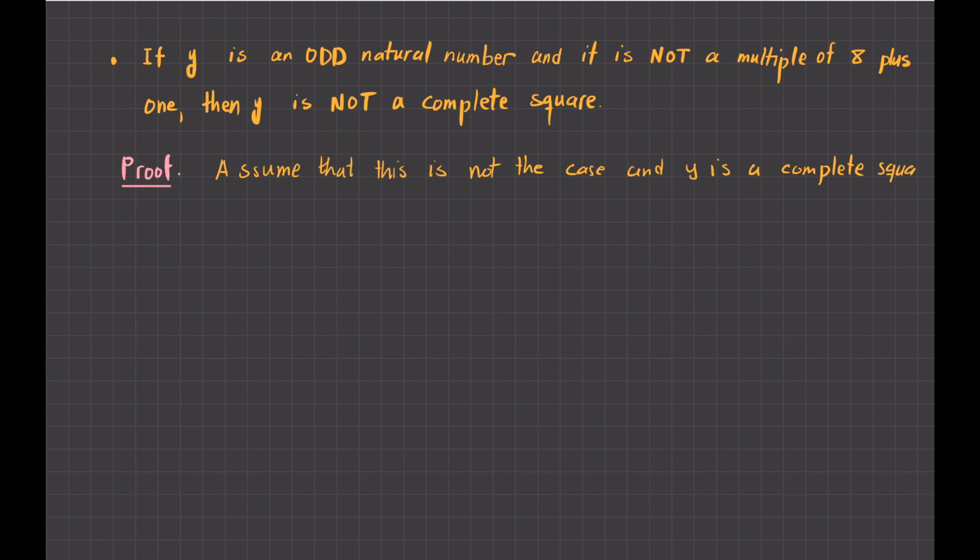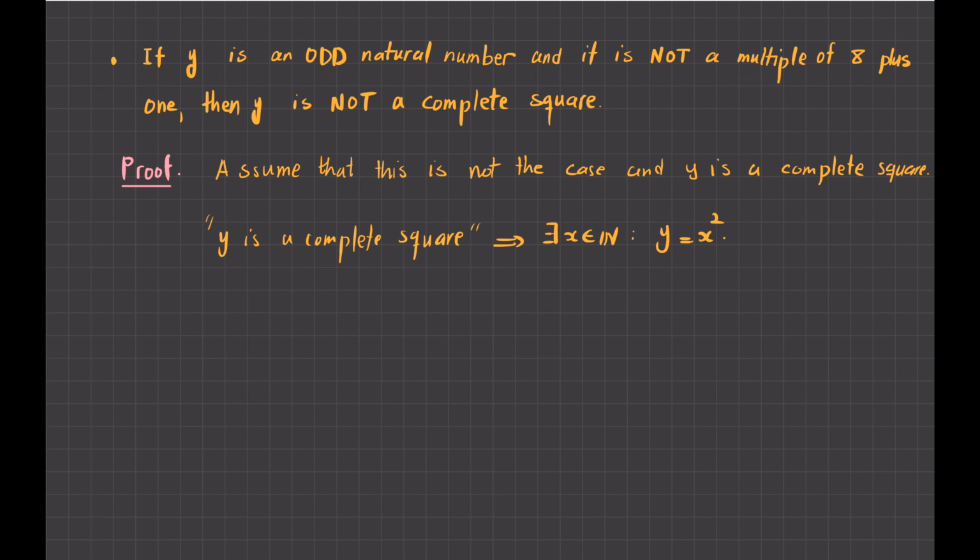Okay, what's the meaning of this? y is a complete square. So from here I can conclude that there exists a natural number x such that y is equal to x squared.